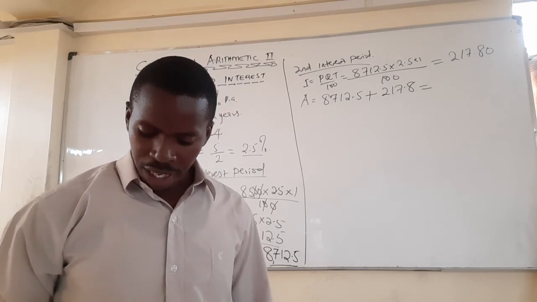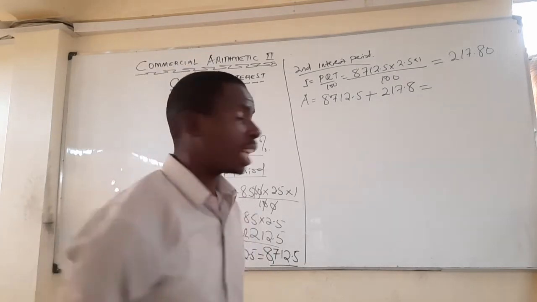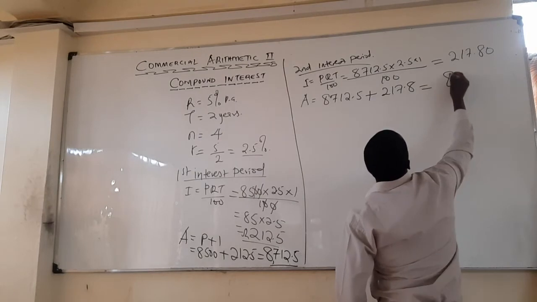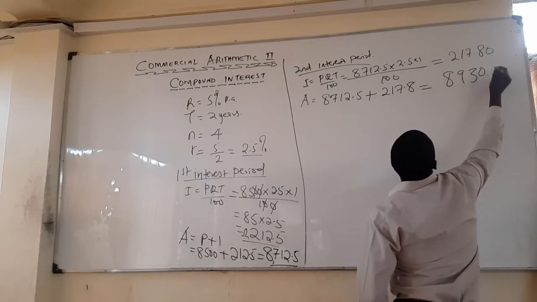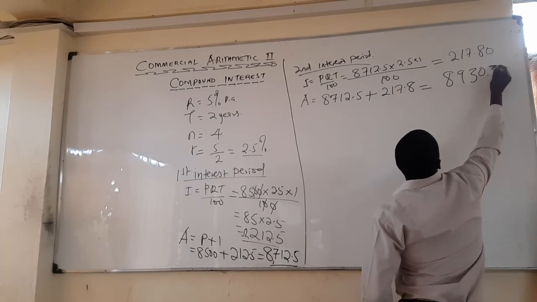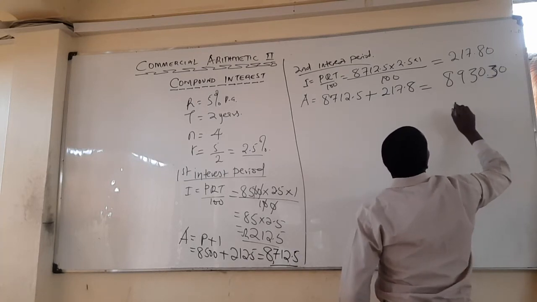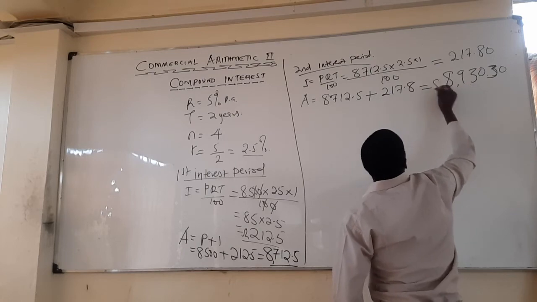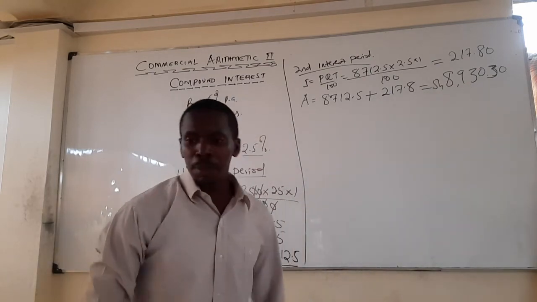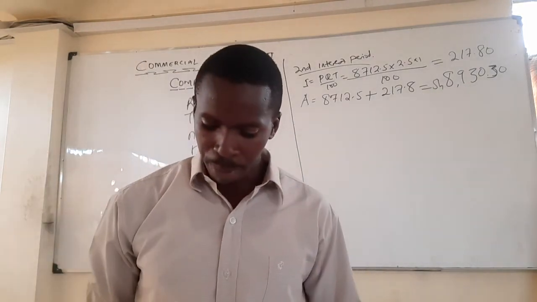We have 8,930.30. So we have that as the accumulated amount after the second period.